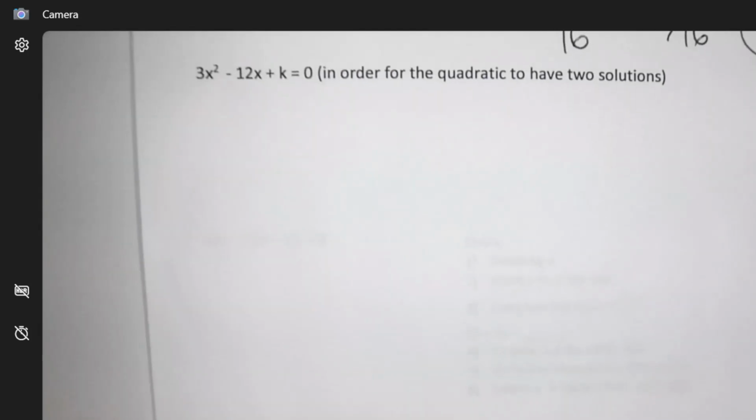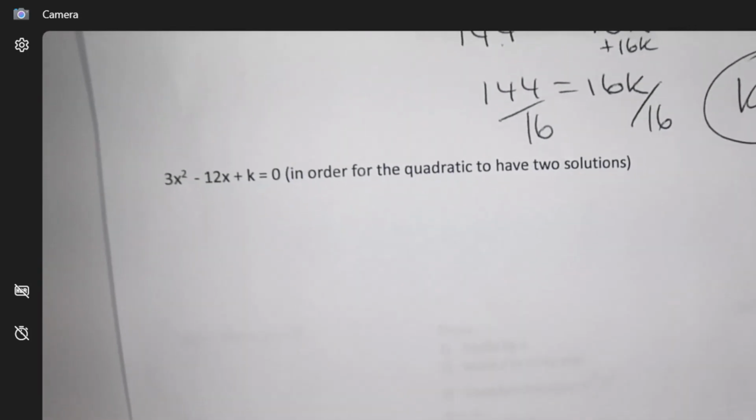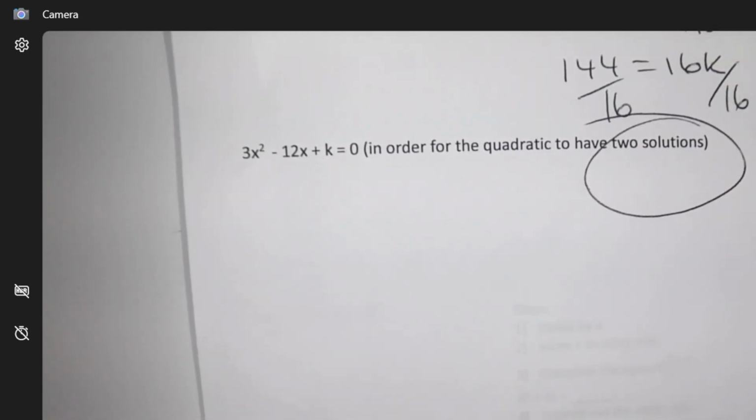All right, last question. Got a 9 out of that? Sorry if you didn't see, a 9. How do I know if a quadratic will have 2 x-intercepts on it?